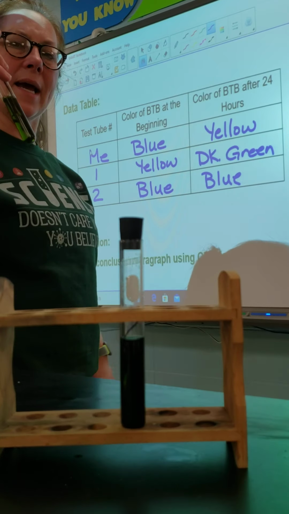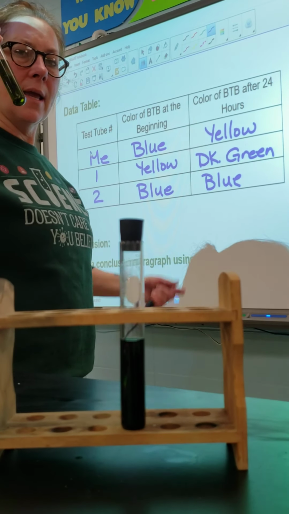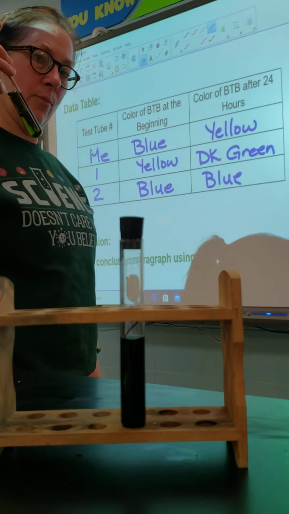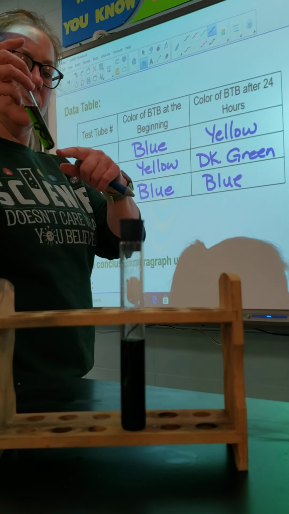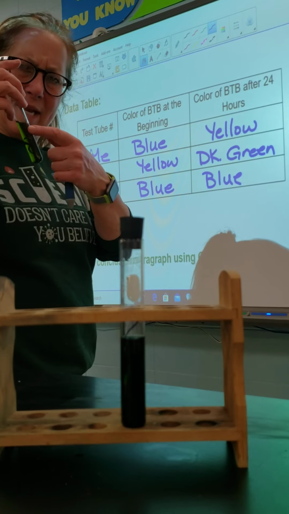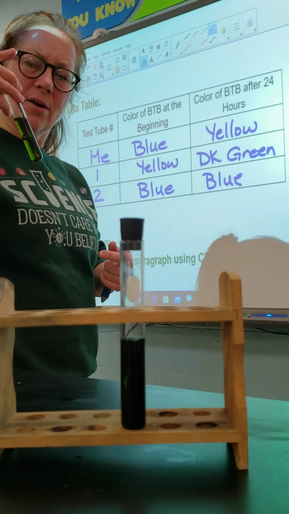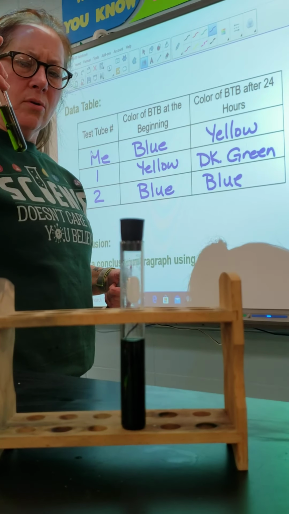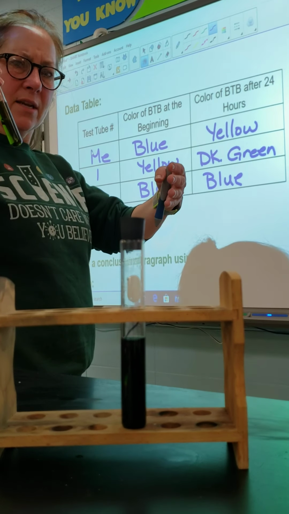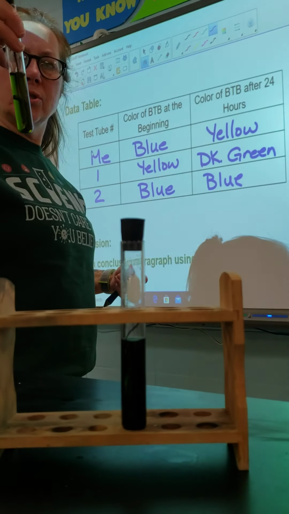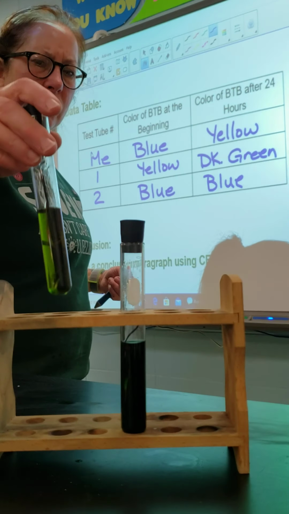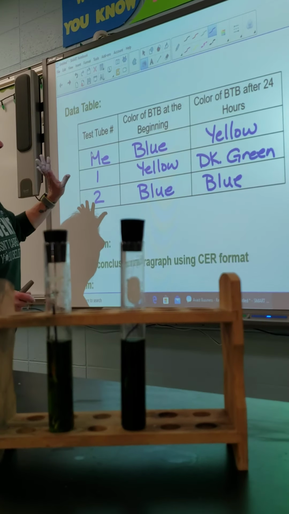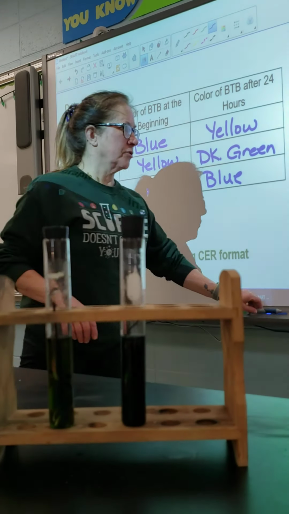So it had carbon dioxide in it, and now it's green. It's not yellow anymore. So what happened to the carbon dioxide that was in here, making the BTB yellow? Why did it turn colors? Why did it go from yellow to greenish blue? Okay, so there's our lab. There's your data.